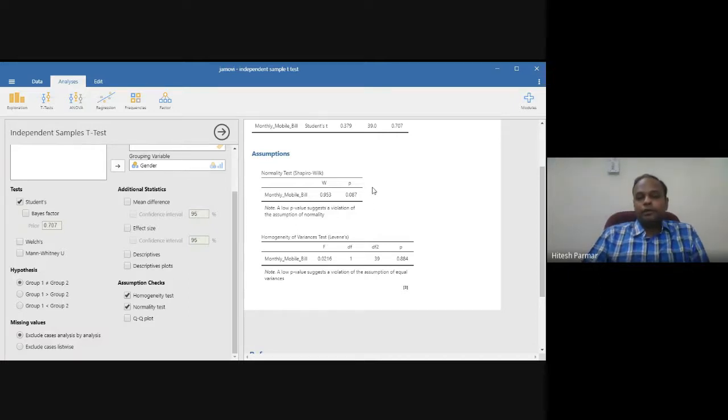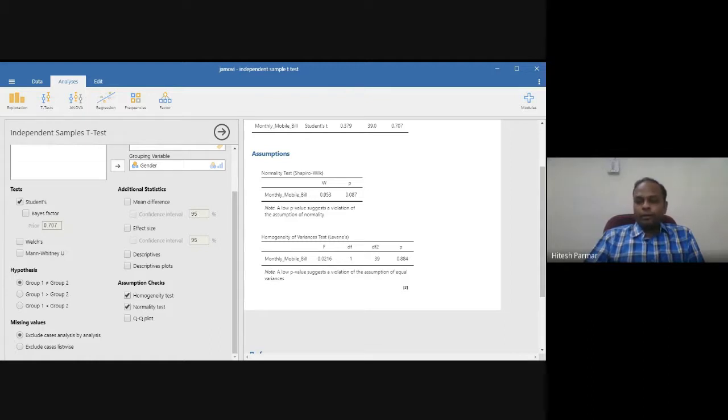The p-value we observe is 0.087, which is greater than 0.05. As the p-value is greater than 0.05, we can confirm that the data are normally distributed.